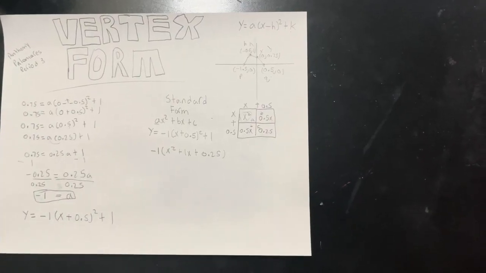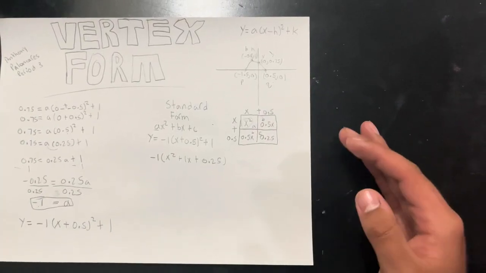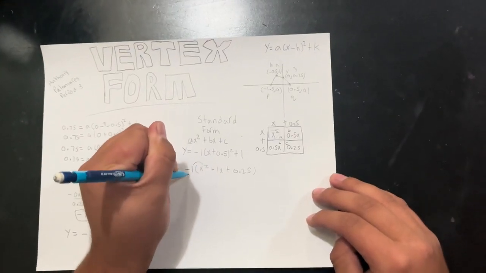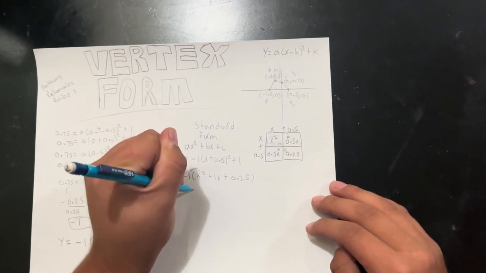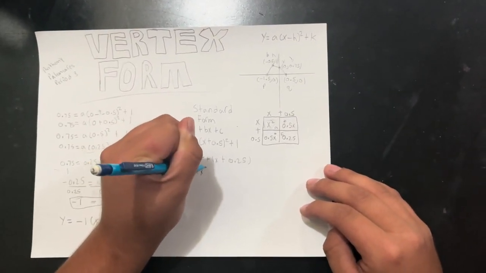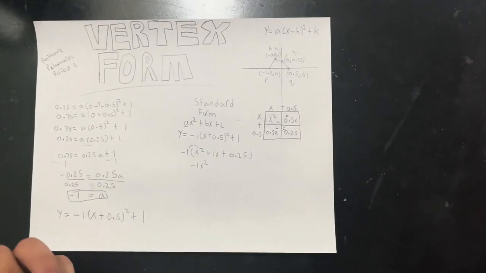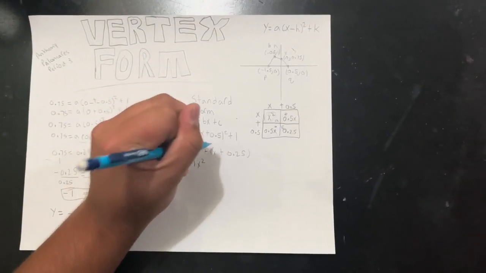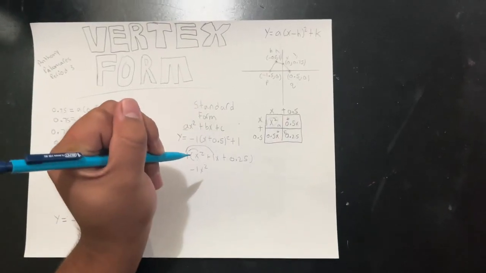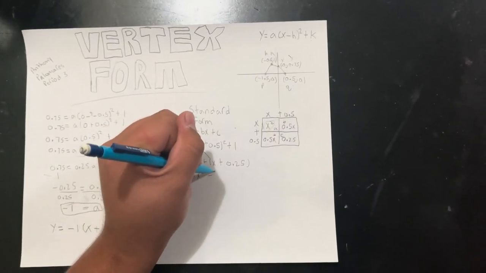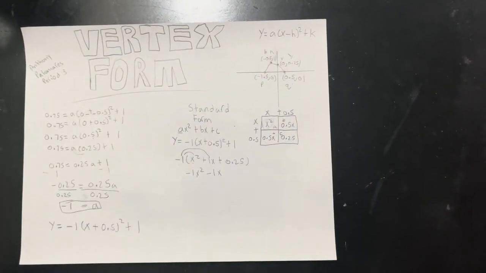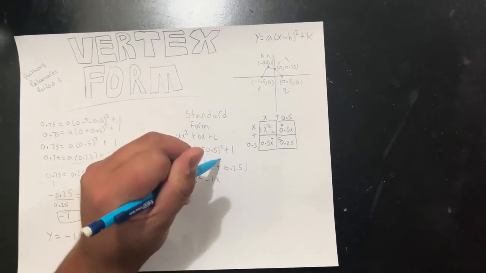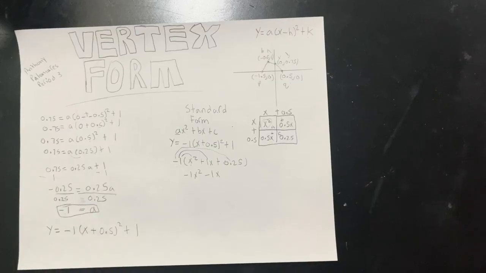So now it's starting to look a little bit familiar, right, chat? So now we multiply negative 1 times x squared, which equals negative 1x squared. Another step would be negative 1 times 1x, which is negative 1x. Now we multiply negative 1 times 0.25. What does that equal?